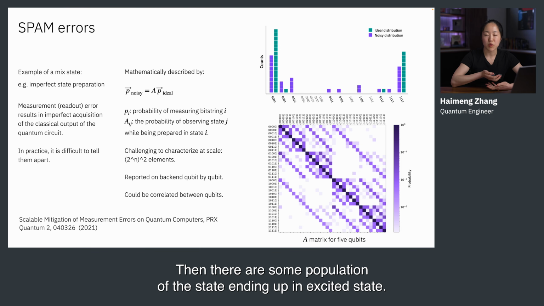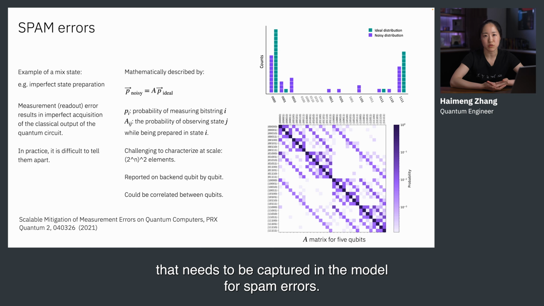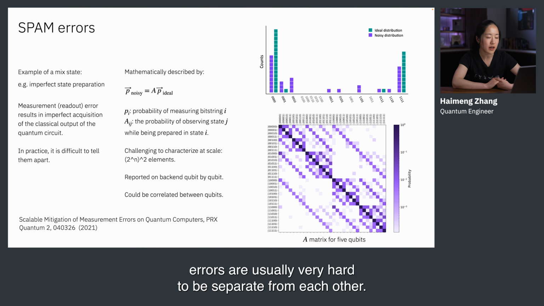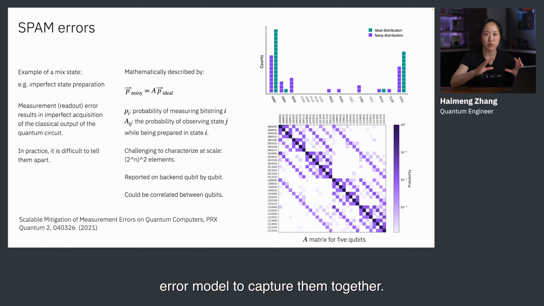Then some population of the state ends up in the excited state. That is a type of error that needs to be captured in the model for SPAM errors. But in practice, SPAM errors and readout errors are usually very hard to separate from each other, so we use this SPAM error model to capture them together.